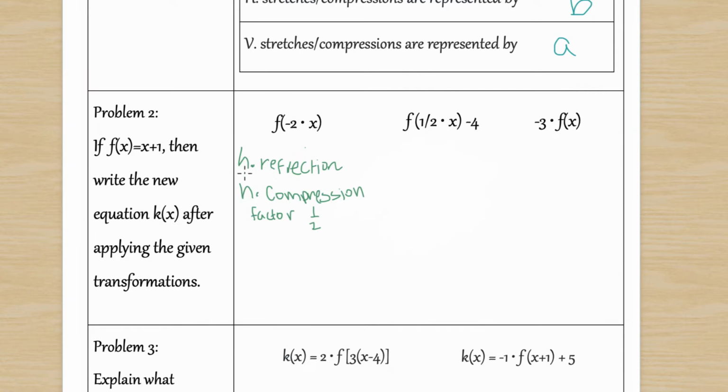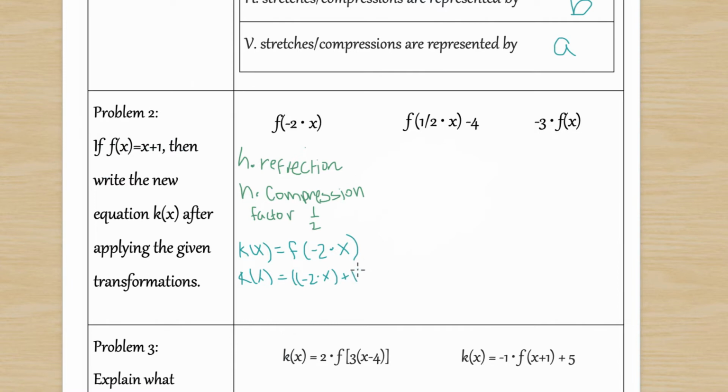So now we need to write the new equation that will come after this. So what we're going to do is set our new equation, which is going to be k of x, equal to f of -2 times x. And next we're going to write that k of x is equal to, and we want to get rid of this f right here, so we're going to write -2 times x, and we're going to keep that in the parentheses, and then we're going to add the +1 to the end, because remember, the original parent function is f of x is equal to x plus 1, not just x.